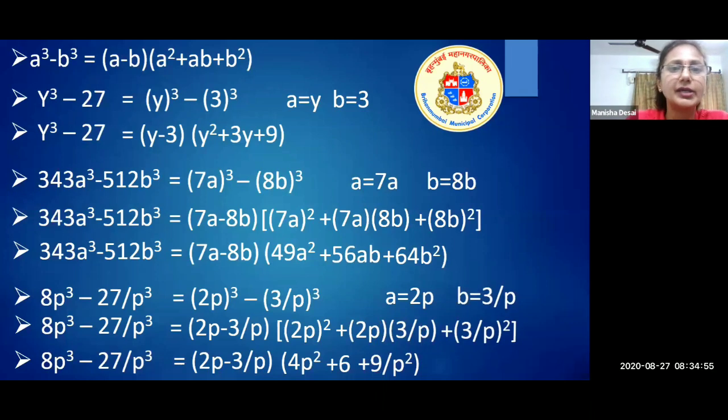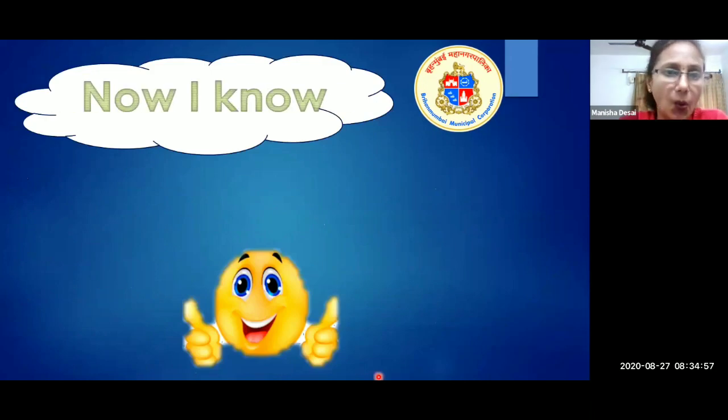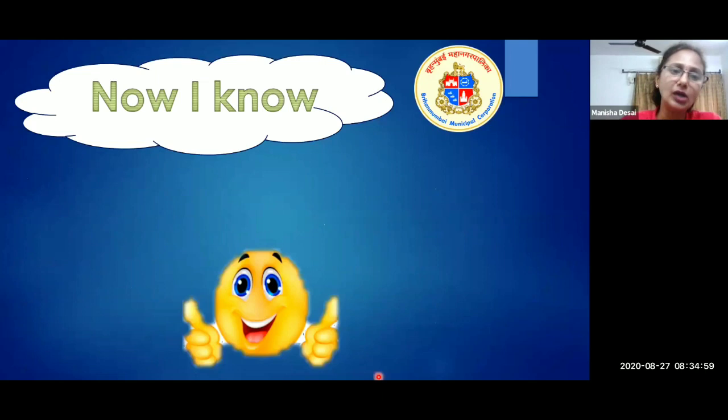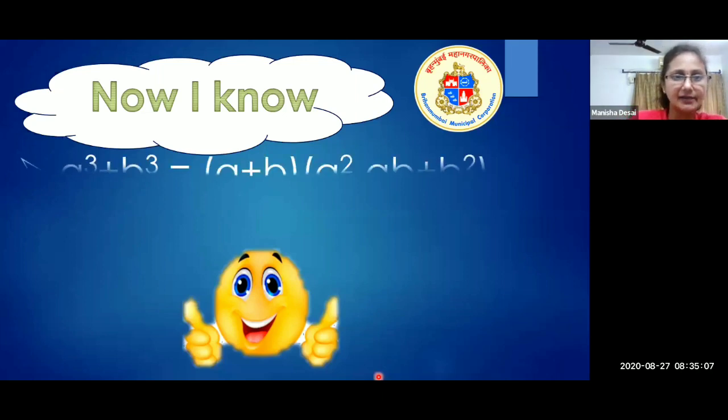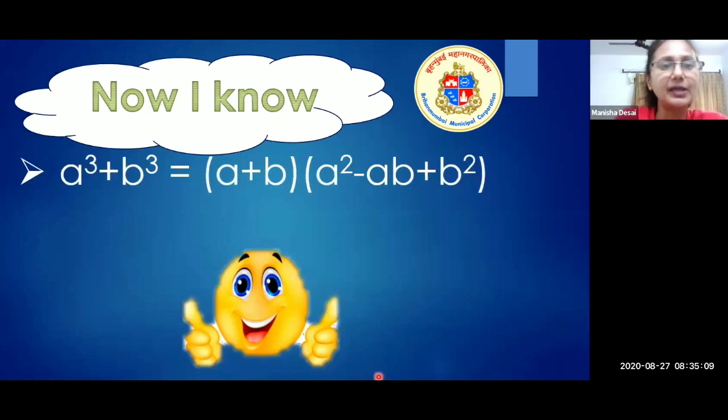So now you know the formula of a cube plus b cube and a cube minus b cube. Let's see what we have learned. a cube plus b cube is equal to a plus b into bracket a square minus ab plus b square.